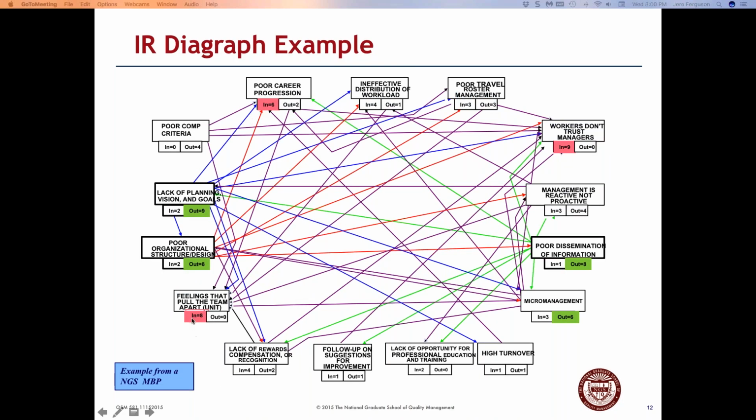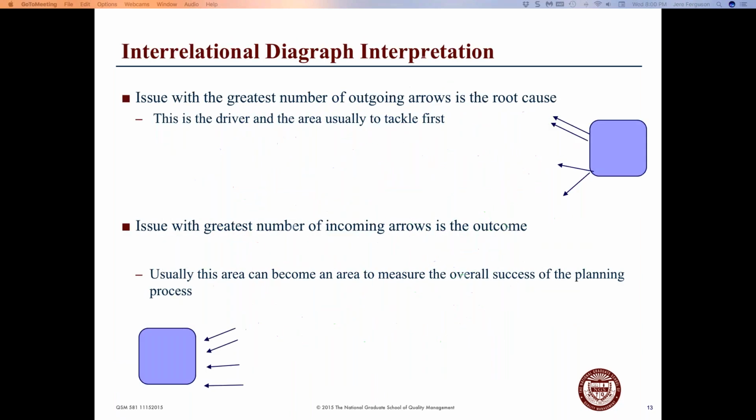And so, what they're saying is that feeling that puts the team apart, poor career progression, and workers don't trust management are the three elements that they believe if you were to track them, you could readily determine whether or not the plan is overall successful, the improvement you're trying to make.